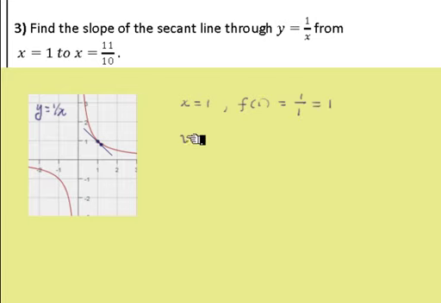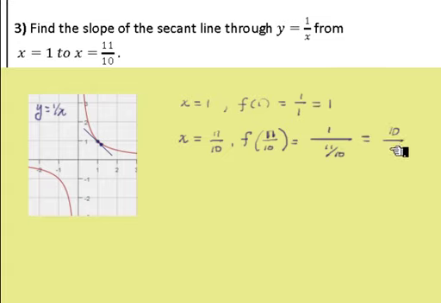The second point has x coordinate 11 tenths. F of 11 tenths, that is the reciprocal of 11 tenths, 1 over 11 tenths, which is 10 over 11.